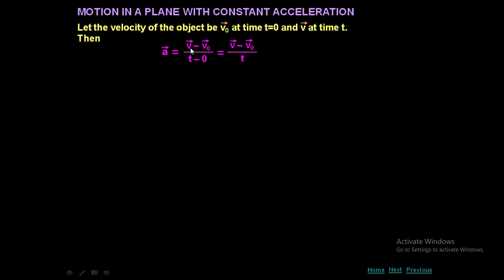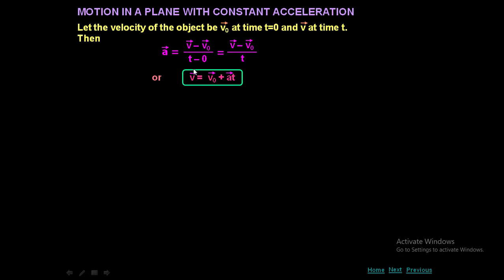What is the change in velocity here? v bar minus v naught bar by t minus 0, so that is nothing but v bar minus v naught bar by t. If you cross multiply and rearrange, you are going to have the expression v bar is equal to v naught bar plus a bar into t. This is nothing but your first equation of motion.